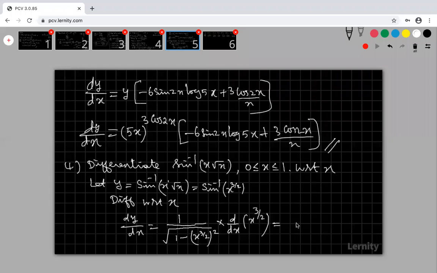So therefore this is 1 by root over 1 minus x cube. The differentiation of x power 3 by 2 is 3 by 2 x power 3 by 2 minus 1. I'm just applying the x power n formula, n into x power n minus 1.